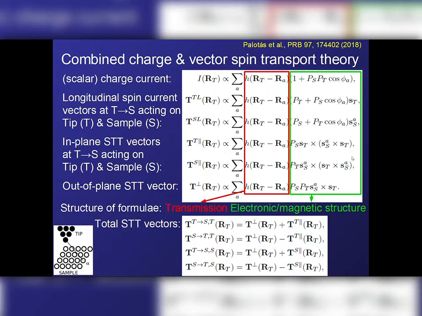They have different electronic components, and then the out-of-plane spin transfer torque vector. The total spin transfer torque vectors basically depend on the bias voltage or the tunneling direction, whether the out-of-plane and in-plane components can be added or subtracted.